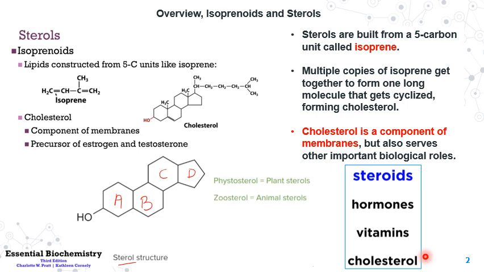Besides cholesterol, you also have other forms of steroids that are also very important for life. Like, for example, the fat-soluble vitamins that are derived from sterols, and also several hormones, including androgens and progesterone, and testosterone. Okay, the steroid hormones are based on this structure.